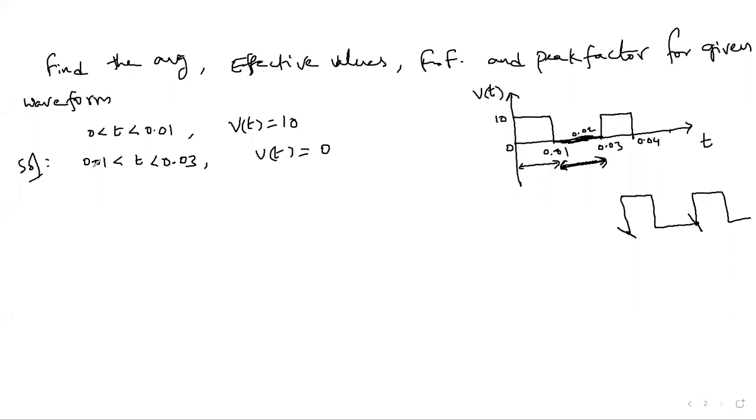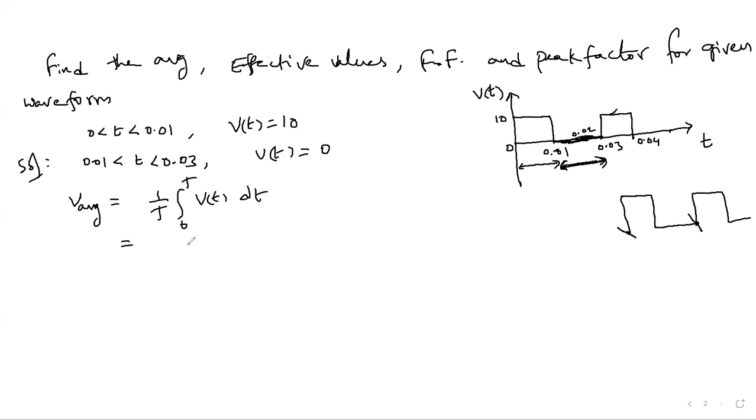So therefore, the V of t value in that interval is 0. Now in between 0.03 to 0.04, the value is 10. All right. So for one full cycle, I considered up to here, but this is non-uniform. So therefore, I have to consider the complete interval while calculating the average value.